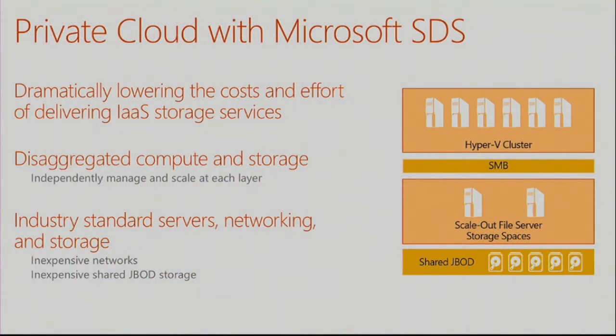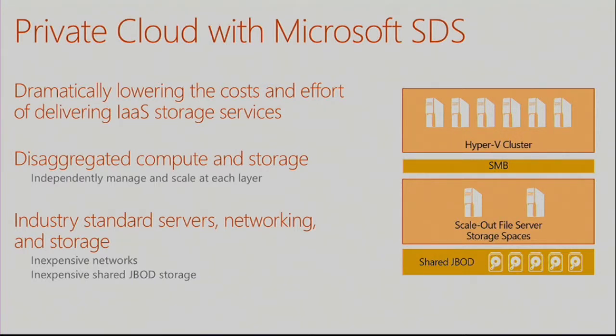Typically, for the scenario we're talking about here, you're building a private cloud. So you're hosting a whole bunch of VMs that are running all kinds of workloads, maybe SQL, maybe web servers, maybe even other file servers. In that scenario, you have a cluster of what we call compute machines. These compute machines are running Hyper-V.